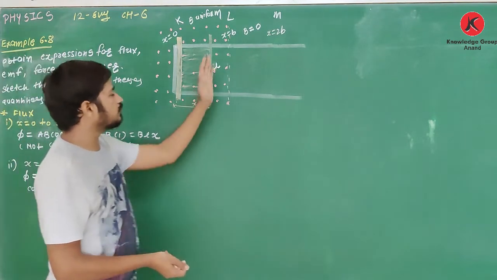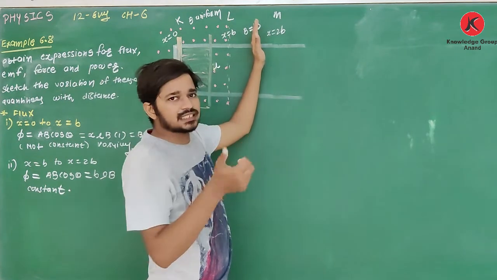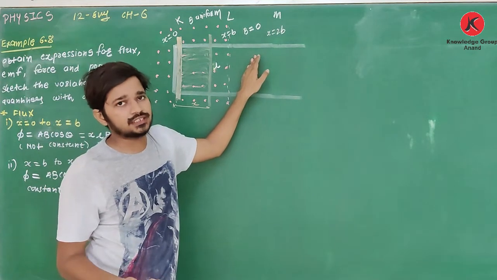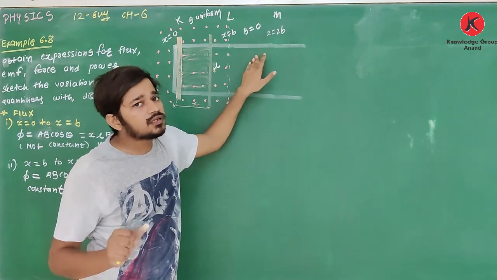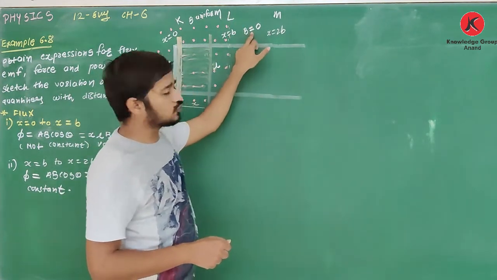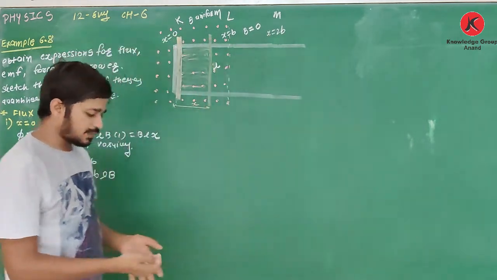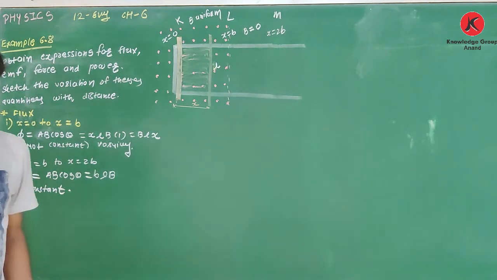When the wire is moving from x equal to b to this, the area increases, but in this region there is no magnetic field, so flux does not increase. Clear about this? Area increases, but as there is no magnetic field, no flux is linked, so flux remains constant. That is BLb, and it is constant. Clear about this?